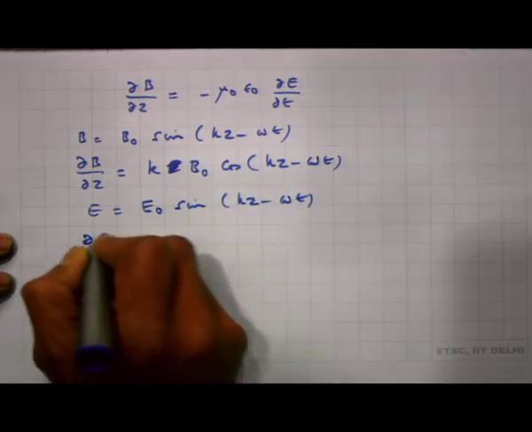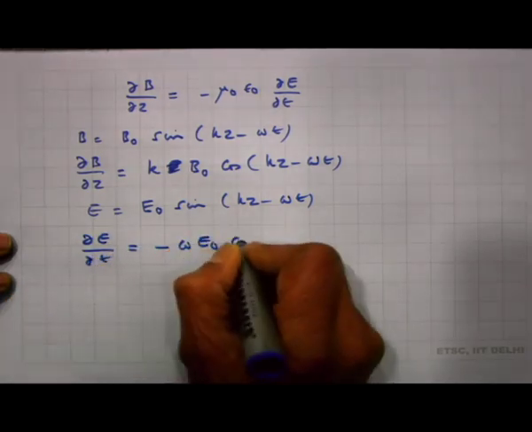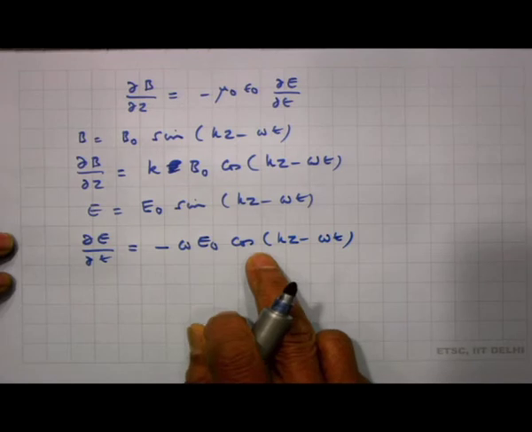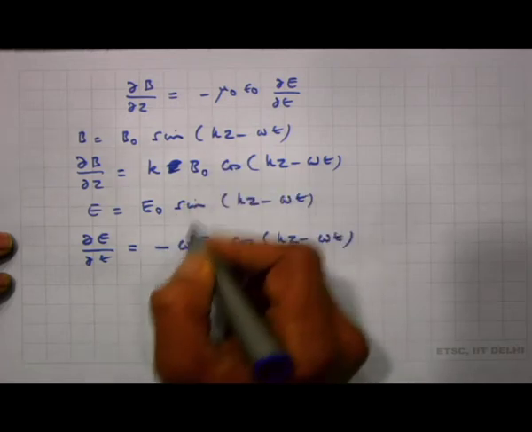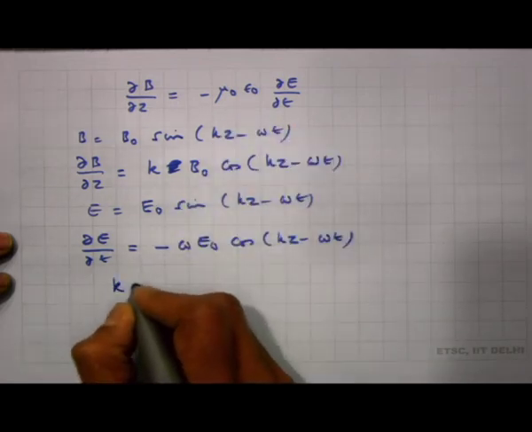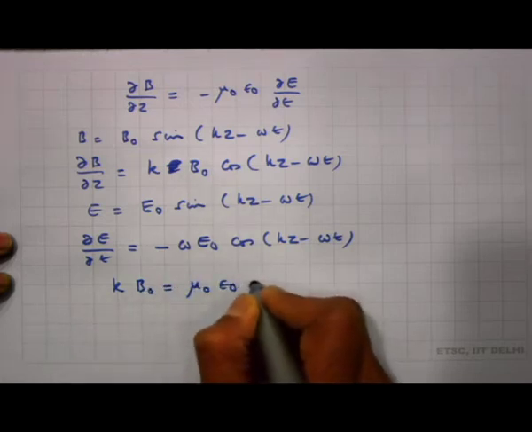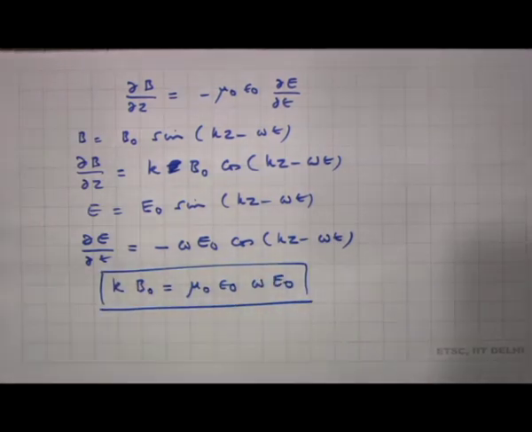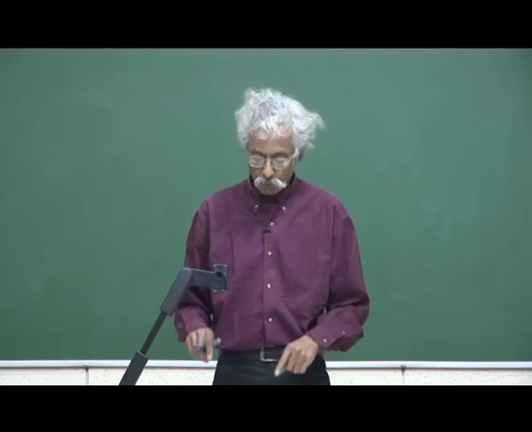So, del E by del t is equal to minus omega E naught cos of k z minus omega t. The differential of sine is cosine, and because there is a minus sign here, I get a minus here and omega. So, if I substitute this into this equation, I get k times B naught is equal to mu 0 epsilon 0 into omega E naught. So, that is another equation. If the solutions which I have written must satisfy the generalized Ampere's law, then E naught and B naught must satisfy this equation.